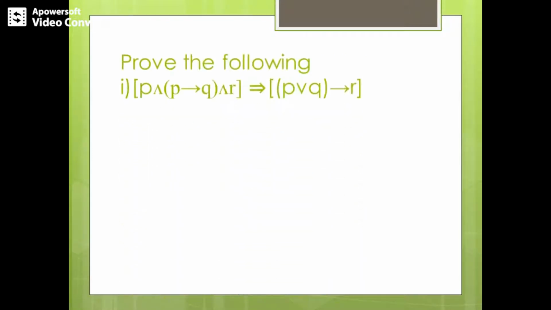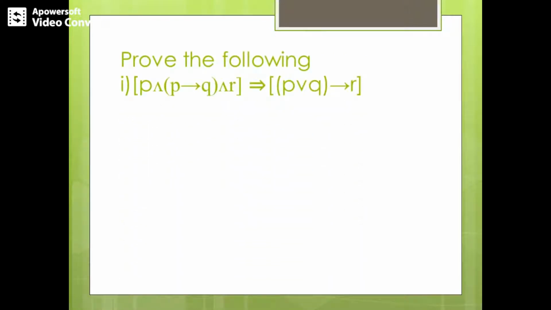So next, see the second question, that is, we need to prove whether the left hand side logically implies the right hand side. That means, as you know, the rule of logical implies, it means that whenever left hand side is true, right hand side has to be true. That is, we are taking a hypothetical statement P implies Q, and P implies Q is such that Q is true whenever P is true.